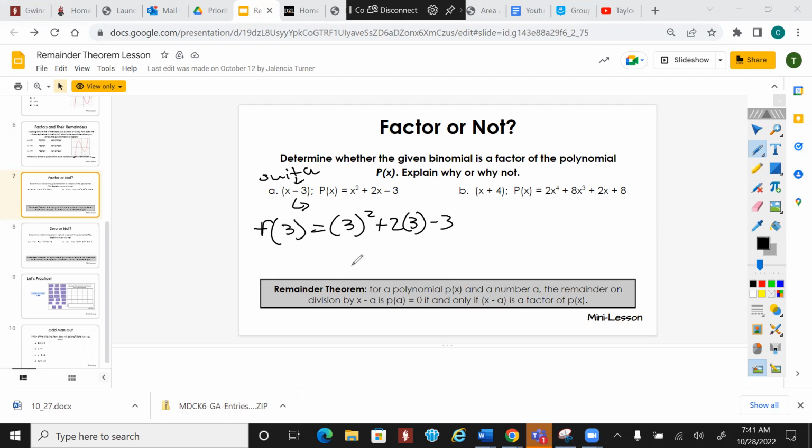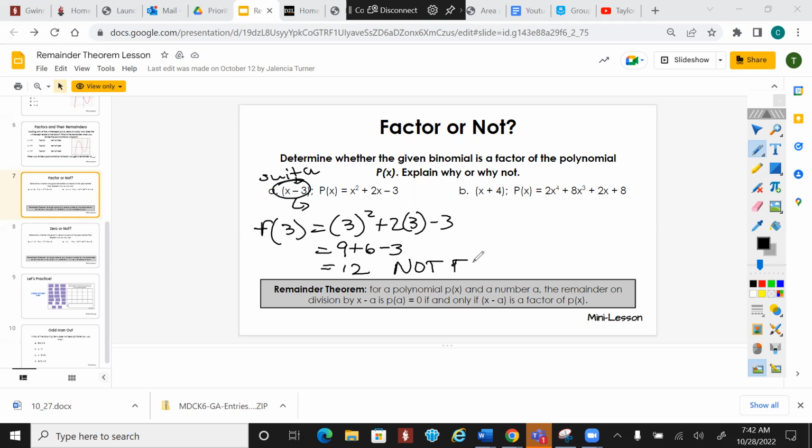Now I'm going to simplify. 3 squared is going to give us 9. 2 times 3 is 6, minus 3. 9 plus 6 is 15. 15 minus 3 is going to give us 12. Is x minus 3 going to be a factor? No, because this number that we got at the end is not equal to 0.